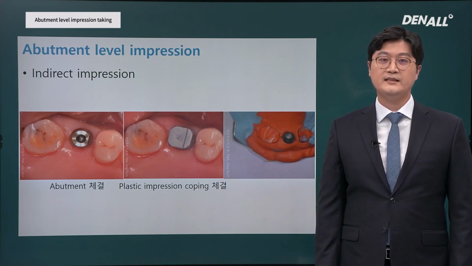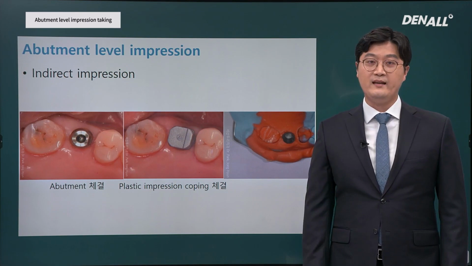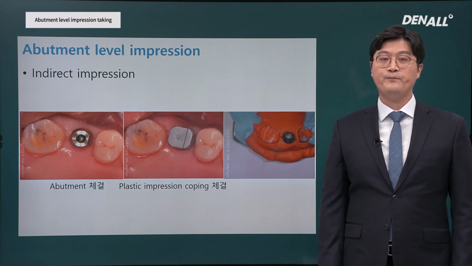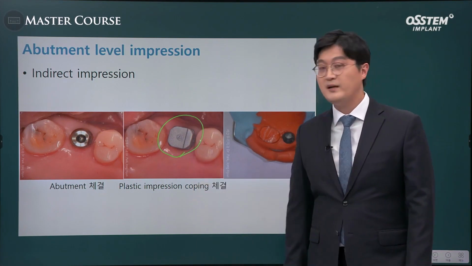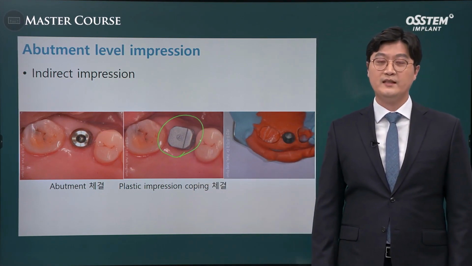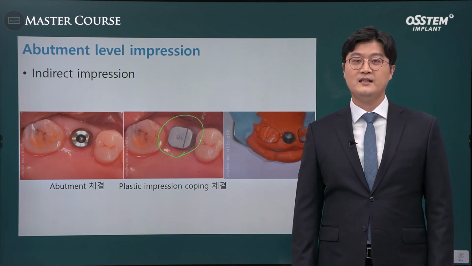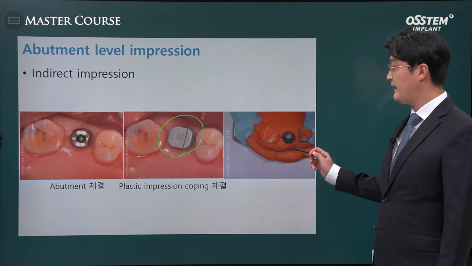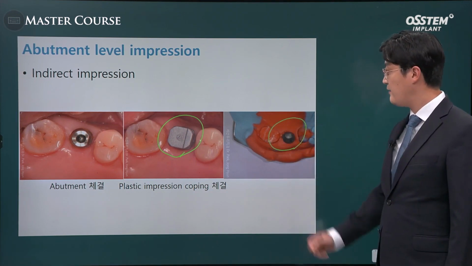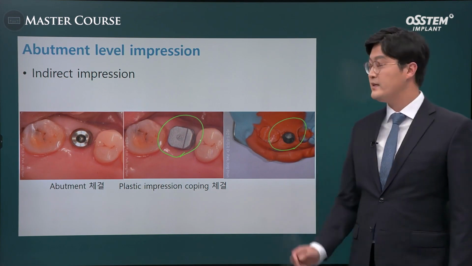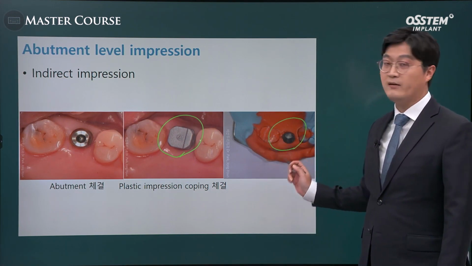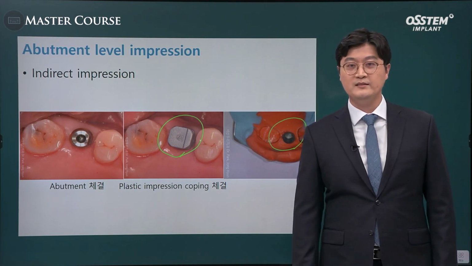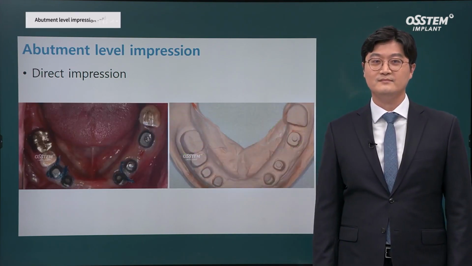Indirect impression photos. A stock abutment is connected in the mouth, and this is the Austin stock plastic impression cap. After connecting it, the impression is taken, and in the impression material, the impression cap is included, and inside, the stock lab analog can be connected.